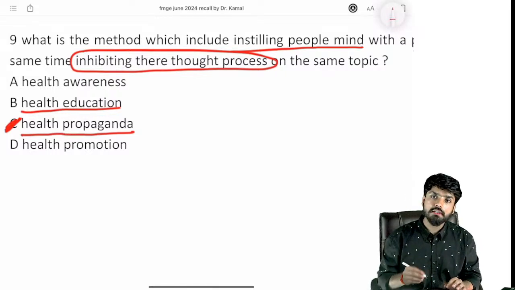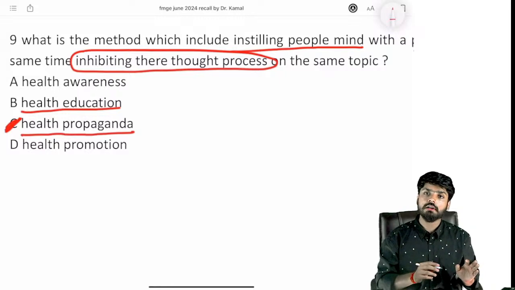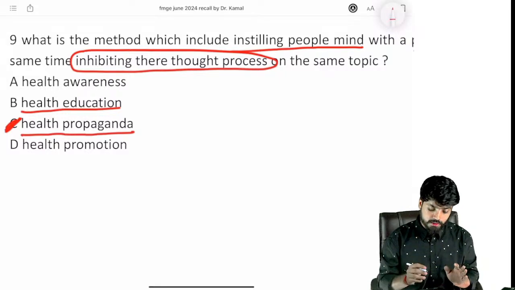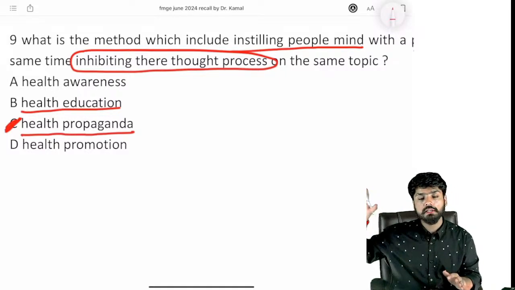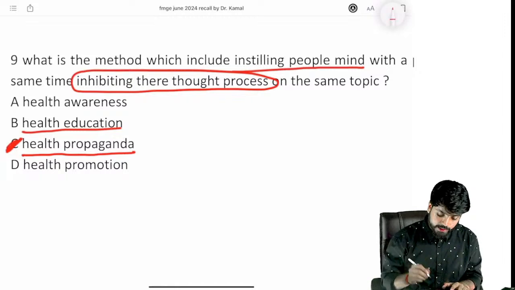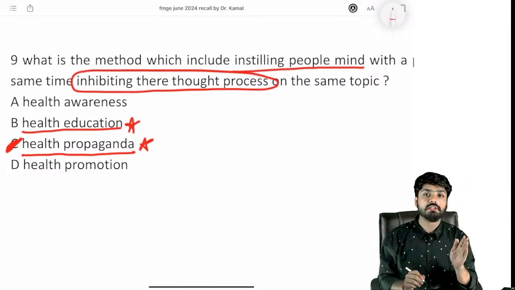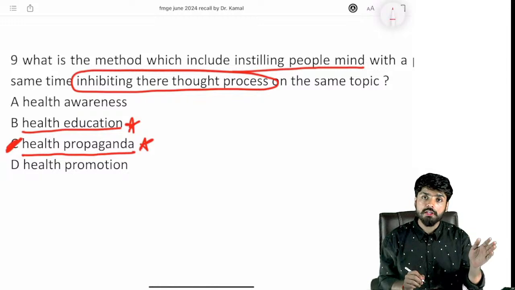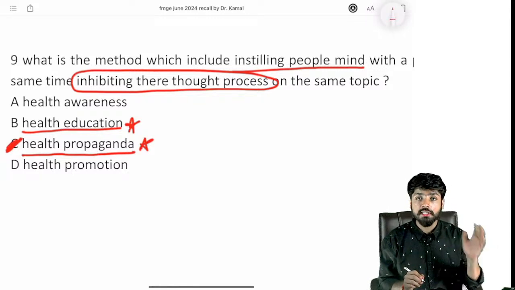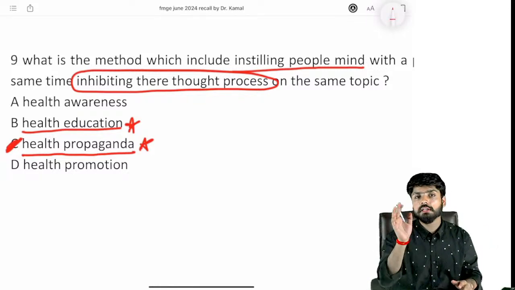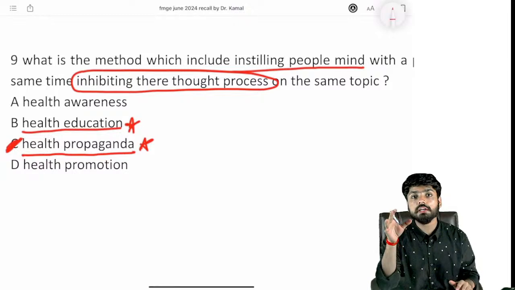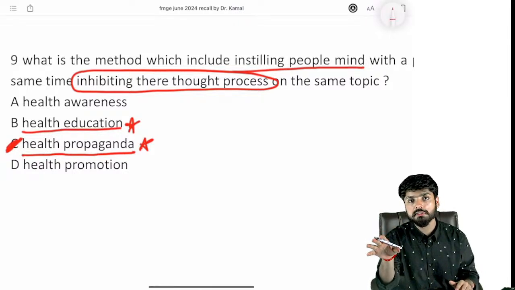And promotion is advertisements, writing slogans, making posters. But the main question here was health education and propaganda. Education focuses on the knowledge of the patient, and the patient thinks before taking a decision. Propaganda takes care of the emotion of the patient, and the patient never thinks before the decision. He just takes it like a reflex.